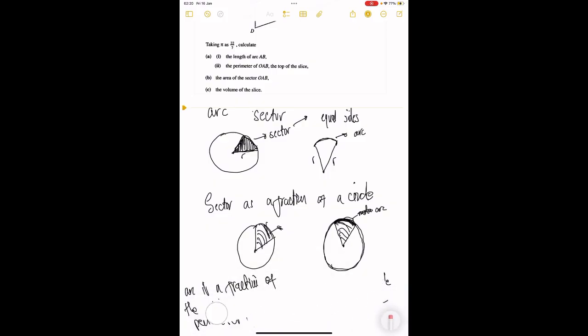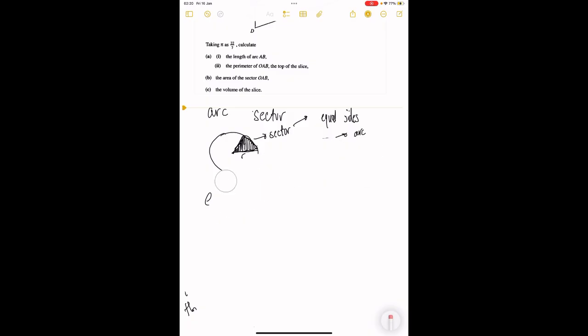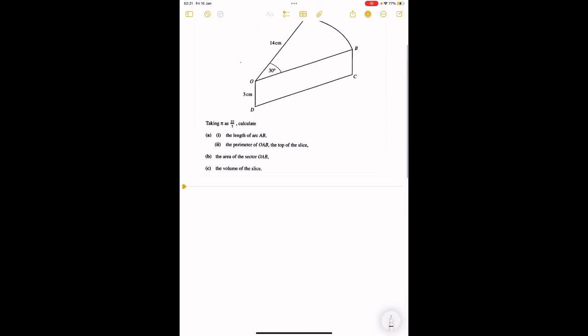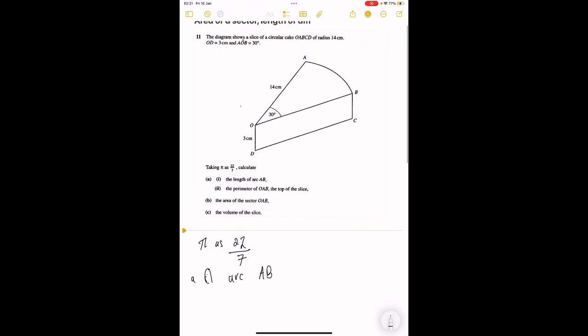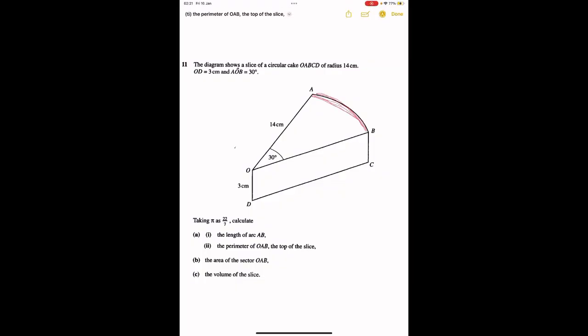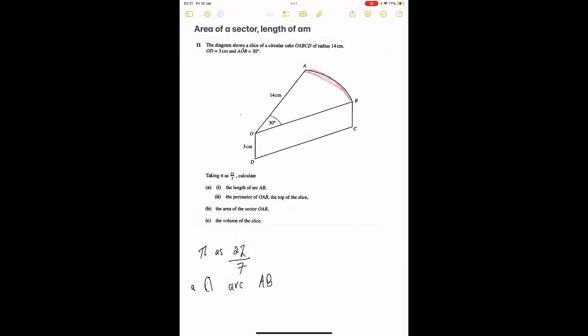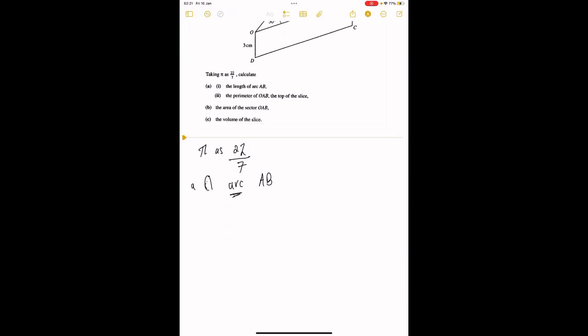So now let's look at the question. The first question goes, taking pi as 22/7, calculate the length of arc AB. Arc AB is where? This is our arc. So they want the length. And we already said that an arc is the length.